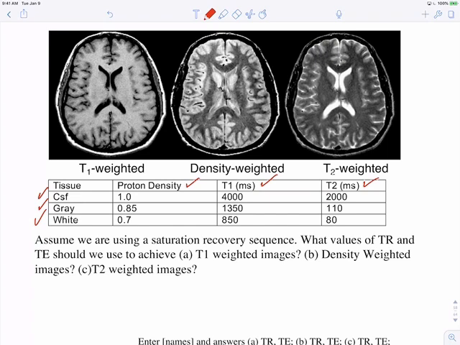You want to create a T1 weighted image, a density weighted image, and a T2 weighted image. Given these parameters, for each type of image, what would be a good guess for the TR and the TE that you should use to achieve either a T1 weighted, density weighted, or T2 weighted image? Is it clear what we're asking for?